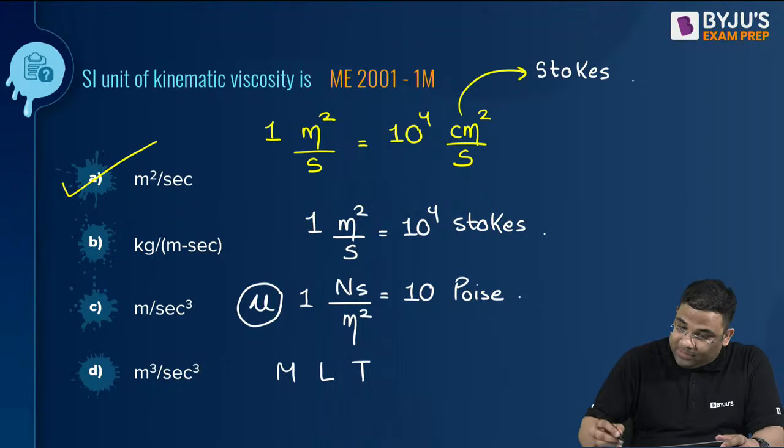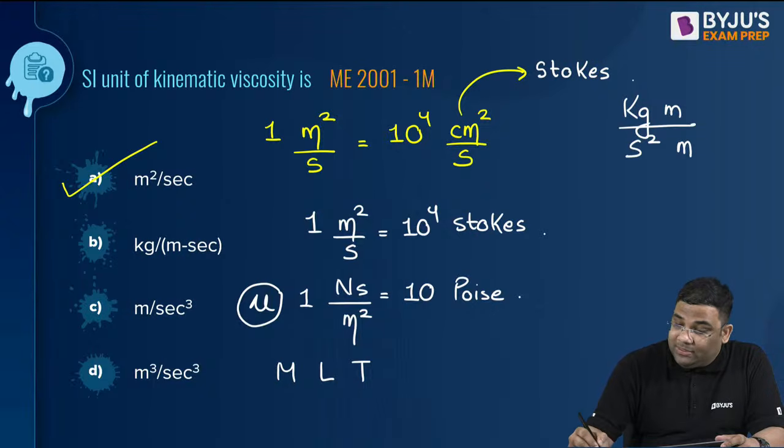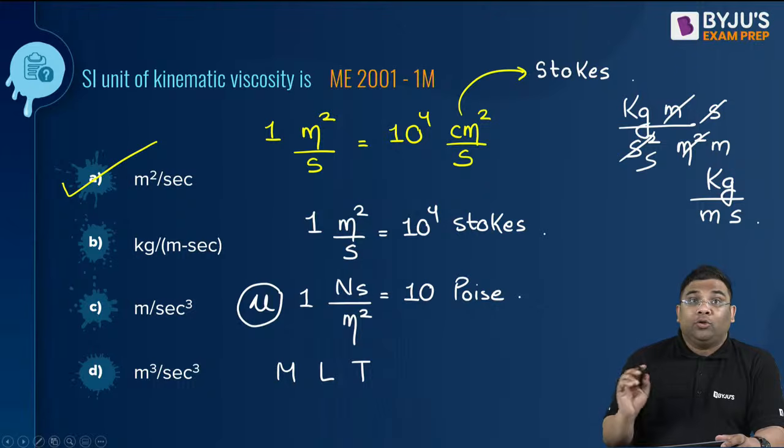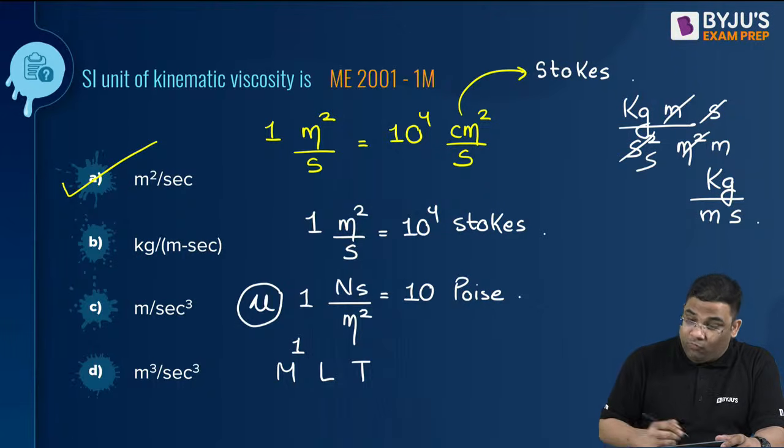You see, this Newton second per meter square, I can write down as what? Newton is kg meter per second square. And then this is meter square and this is second. So see, this gets cancelled, this gets cancelled. I get kg per meter second. So kg is mass, M to the power 1.